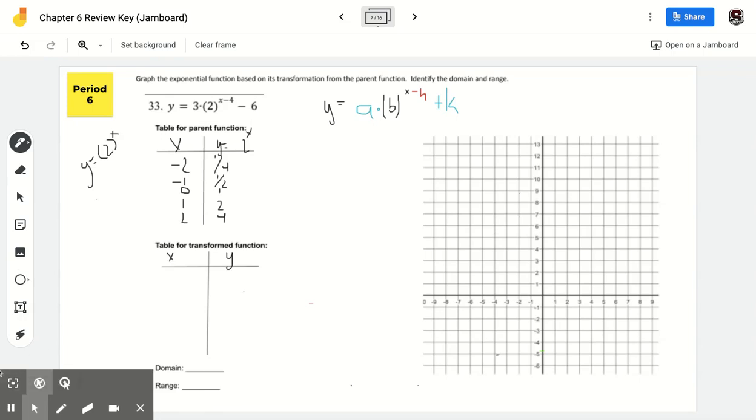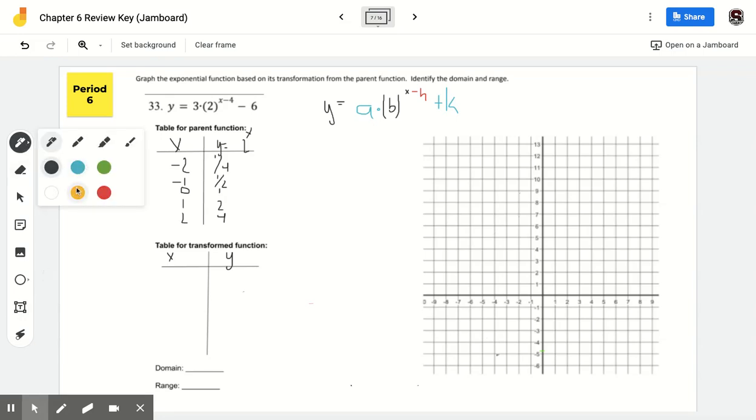So once we have our parent function, we then need to look to see what are our transformations. Well, so far, all we've done has been the 2 and the x. Everything else, that 3 in front, that 4 up top, and that 6 out back, all need to show up in my transformation table.